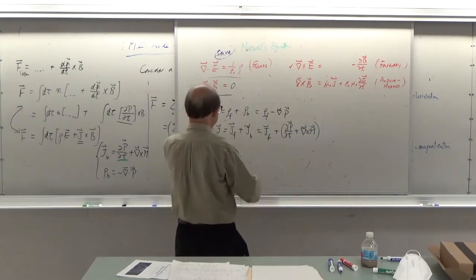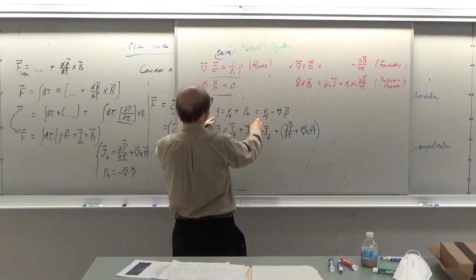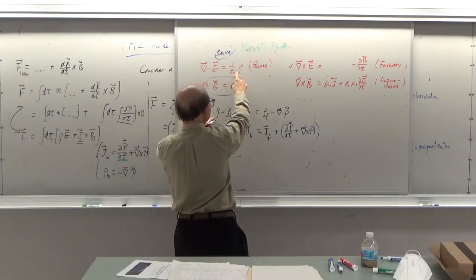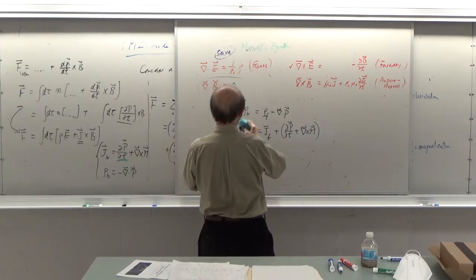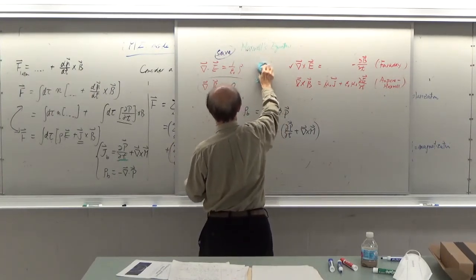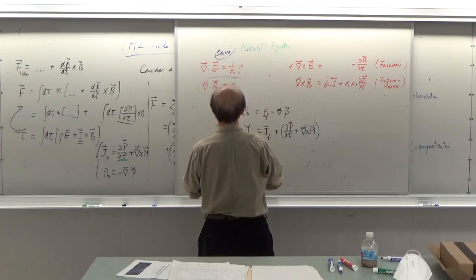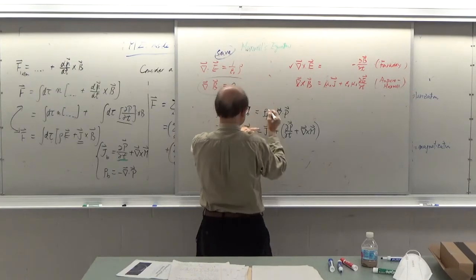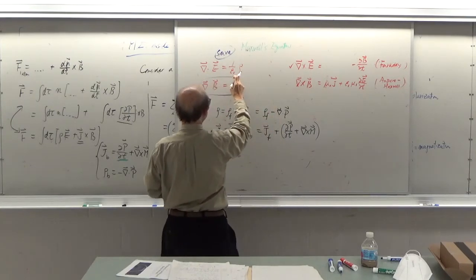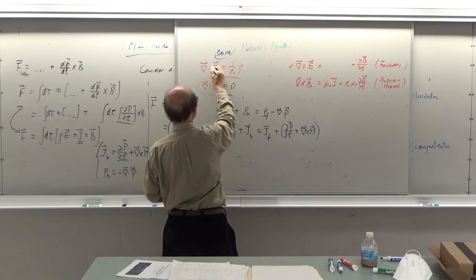So let's substitute this on the right side of Gauss's law, and this rho sub f. Well, to start with, in fact, it might be a good idea to put epsilon naught to the other side and then do that.